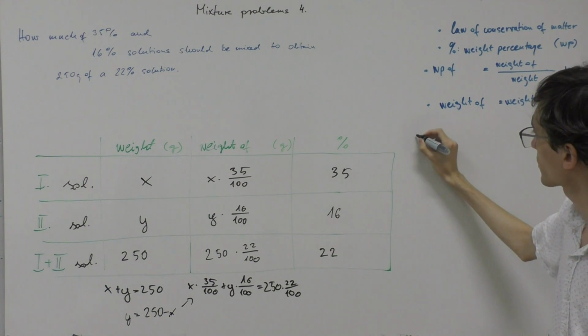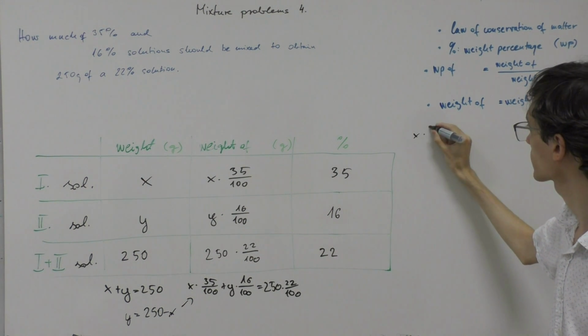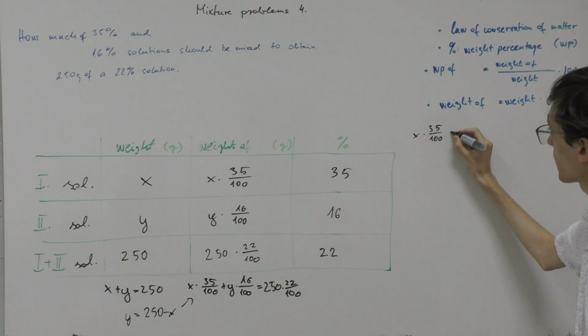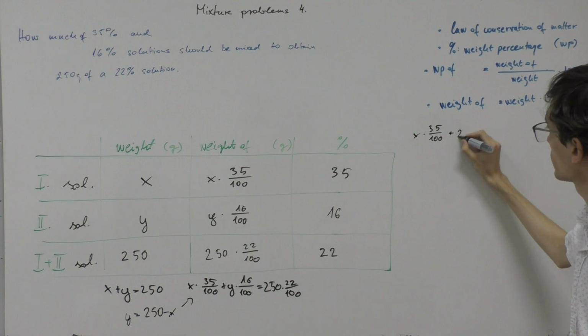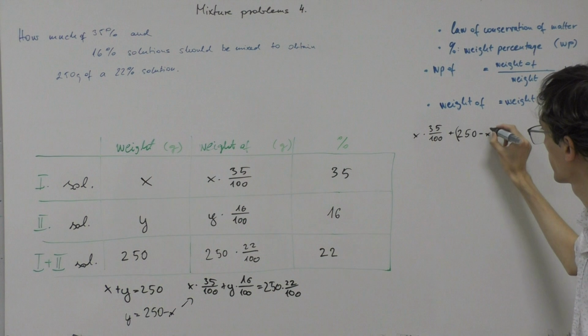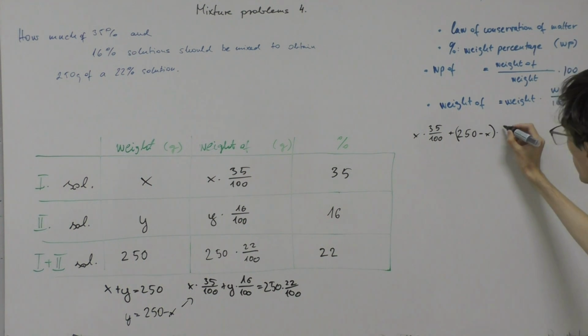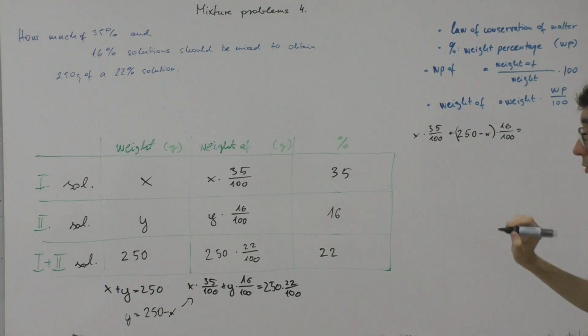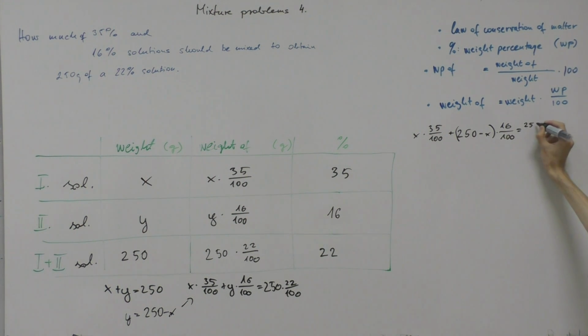So this gives us x times 35 over 100 plus 250 minus x times 16 over 100 equals 250 times 22 over 100.